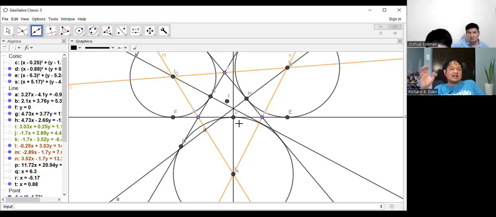However, they're not altitudes, and they're not the perpendicular bisectors, kasi J is not the midpoint. They're not midpoints of the sides of the triangle. Bakit kaya?